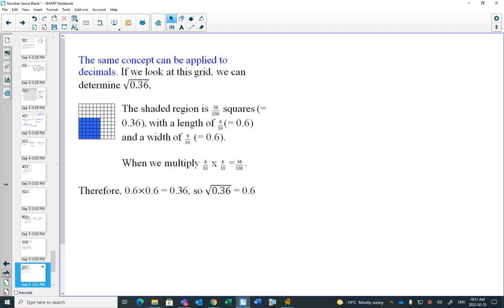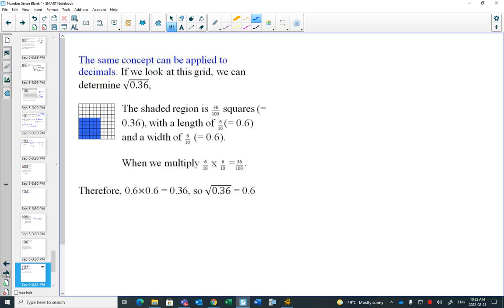There we go. Now, we can make our grid even go to decimals. If you wanted decimals, can you see that you could take 36 out of 100 squares? And if you wanted 0.36 as a decimal, this would be 36 100ths as a representation.